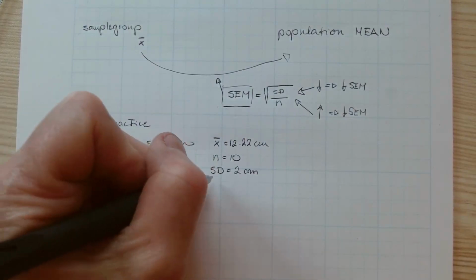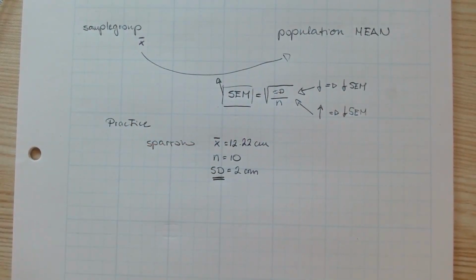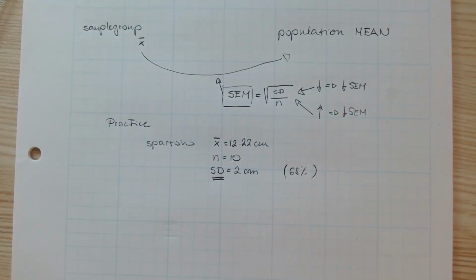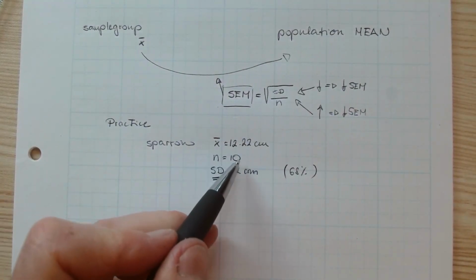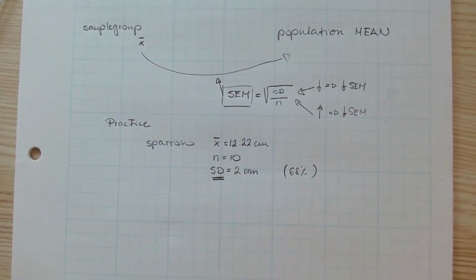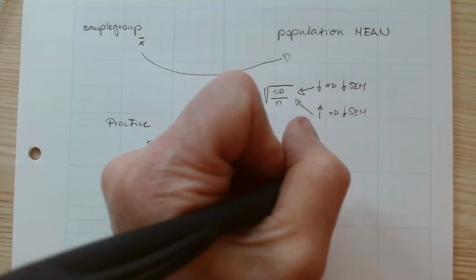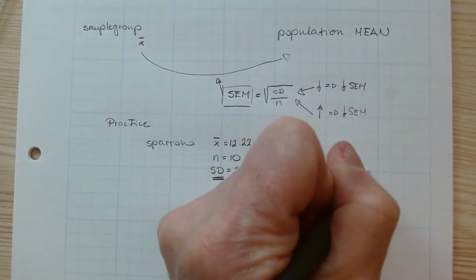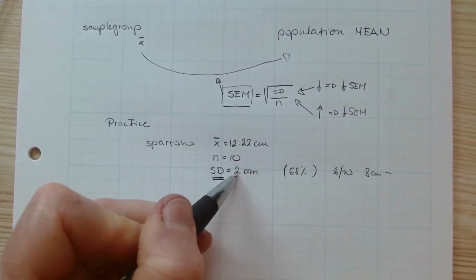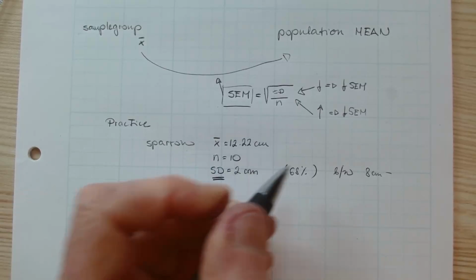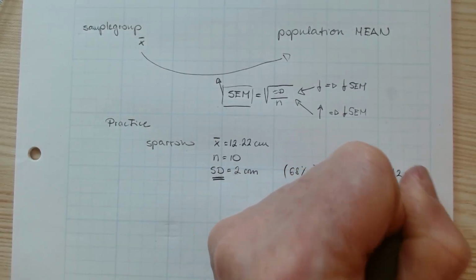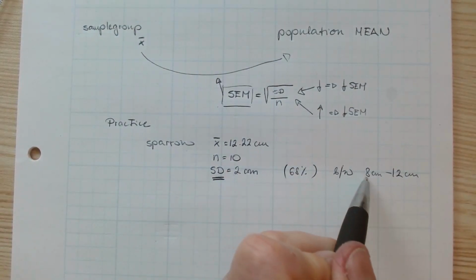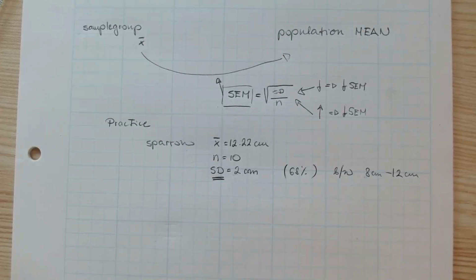So what does the standard deviation mean at this point? 68% of the sample data for the sparrow wingspan falls between 10 minus 2, which is 8 centimeters, and 10 plus 1 standard deviation, which is 12 centimeters. So I have 10 data points and 68% will be between these two values.